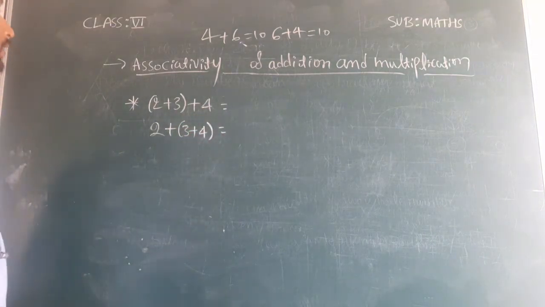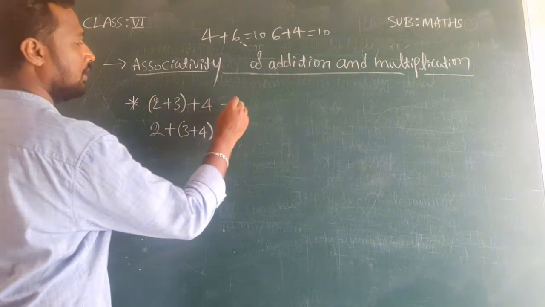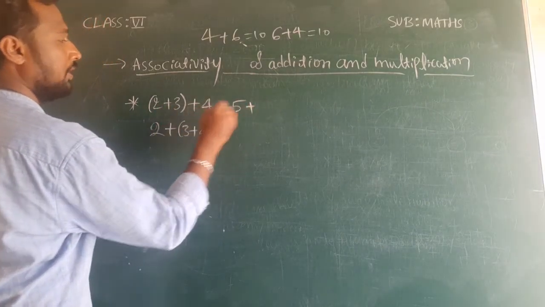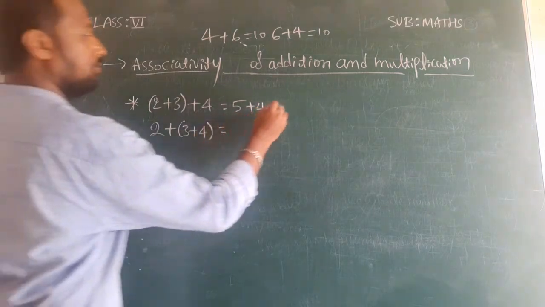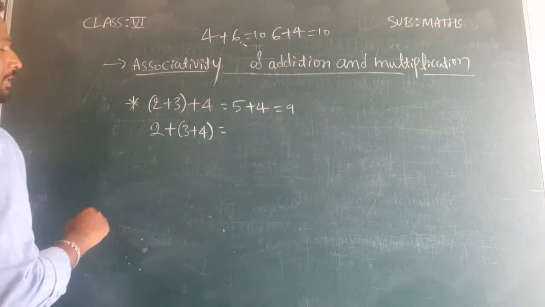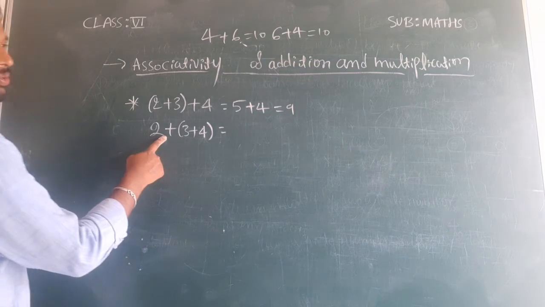So let us see what we will get. 2 plus 3 means what we will get? 2 plus 3, 5 plus 4. So 5 plus 4 means what we will get? 9.